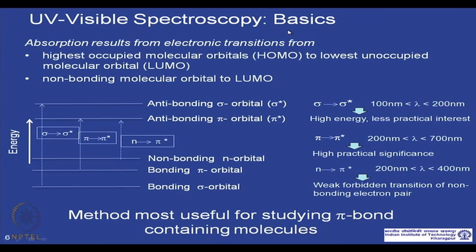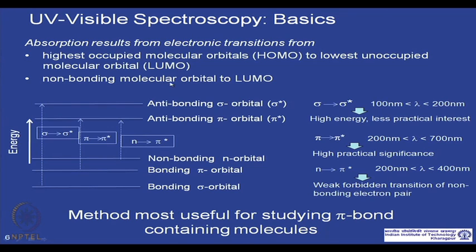In terms of the basics of UV visible spectra, it is basically electronic transitions from the highest occupied molecular orbital to the lowest unoccupied molecular orbital, HOMO and LUMO.